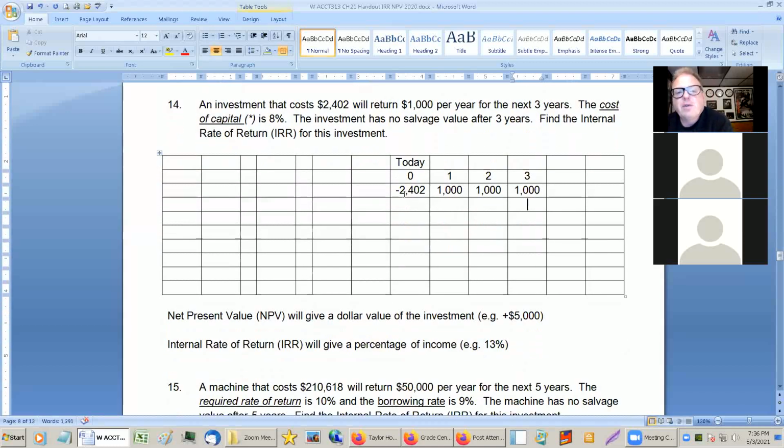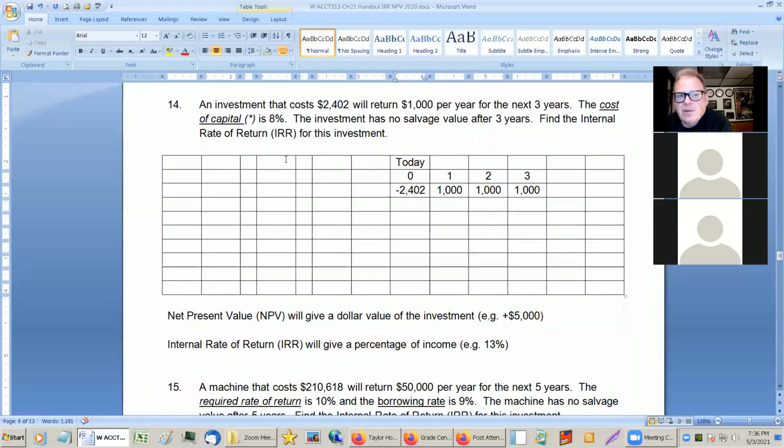So here's the investment. We just kind of charted out the cash flows. $2,402 is going out, and $1,000 is coming in, and we want to compare them, but we can't really compare them one-to-one because these are future dollars. They're not worth the same as today's dollars.